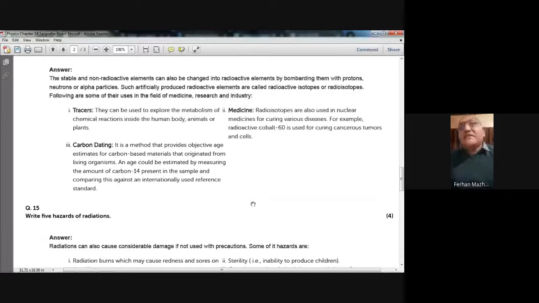For the medicine, they say radioisotopes are also used in nuclear medicines for curing various diseases. For example, radioactive cobalt-60 is used for curing cancerous tumors and cells. So this answer is also good, and I can also find the answer from the book.